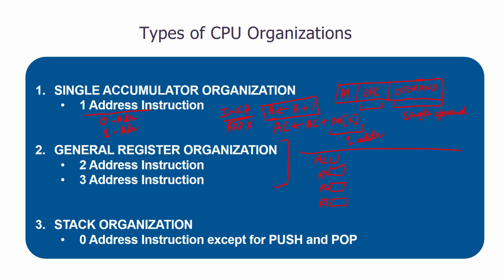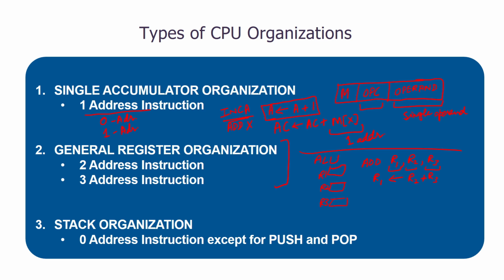Now I want to add R1, R2, R3. So what will happen? In R1, the addition of R2 and R3 will come. So in this we are using 3 registers.